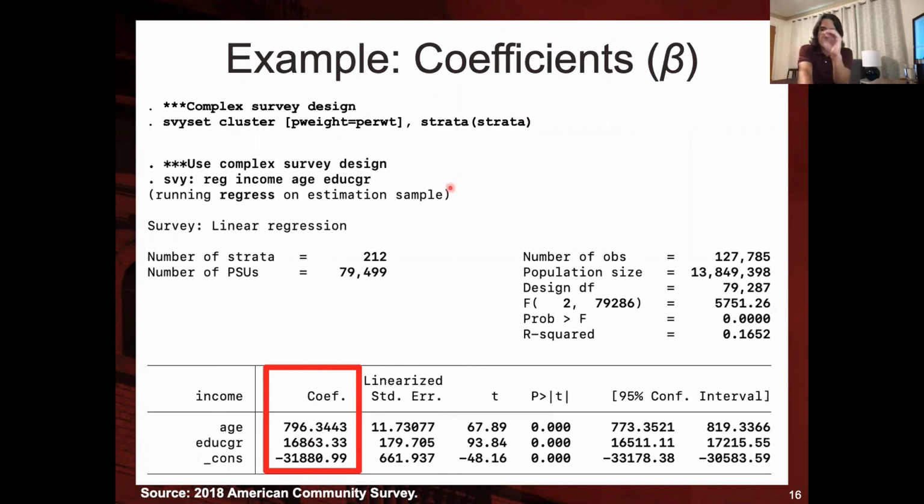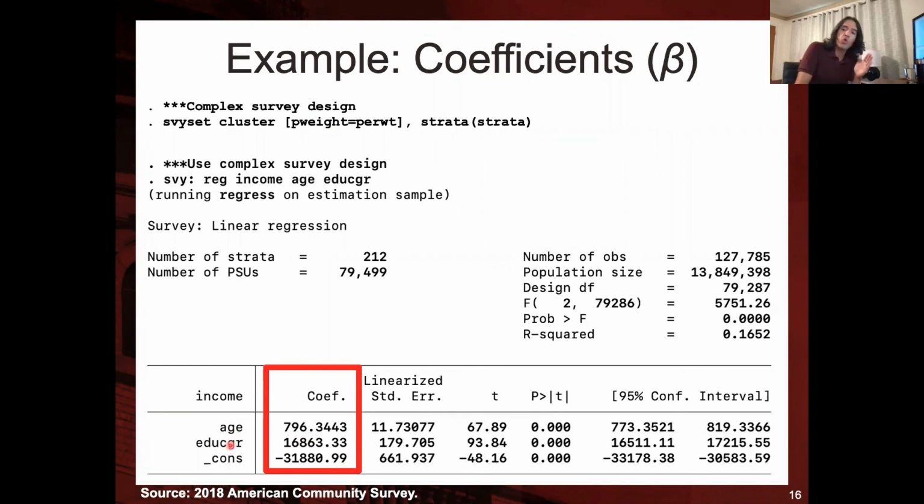So the correct coefficients tell us that for each additional year of age, people make on average $796 more, controlling for education groups.